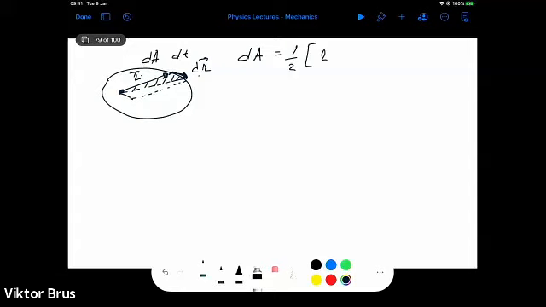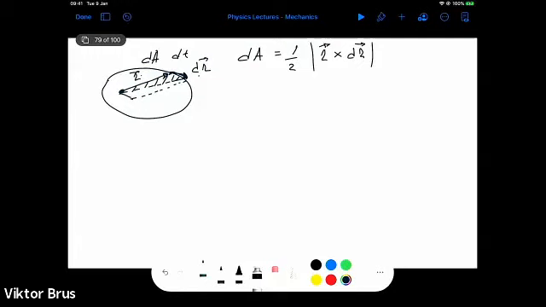1 divided by 2 times the absolute value. So we better take the modulus of the vector product of radius vector r and change of radius vector dr. And this is, we take absolute value.